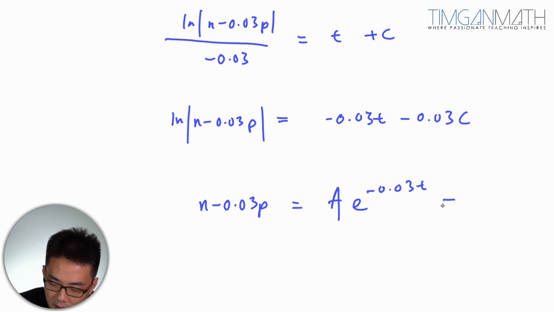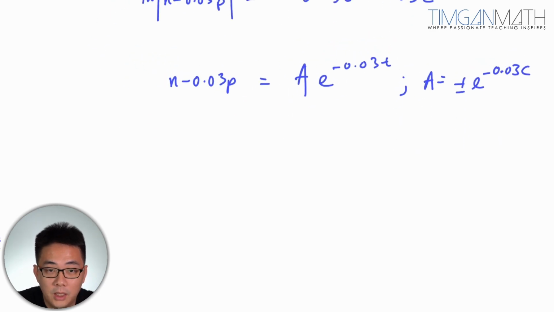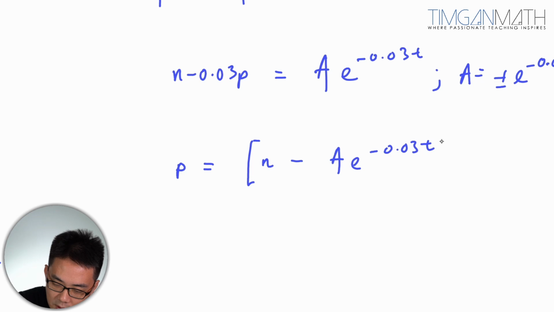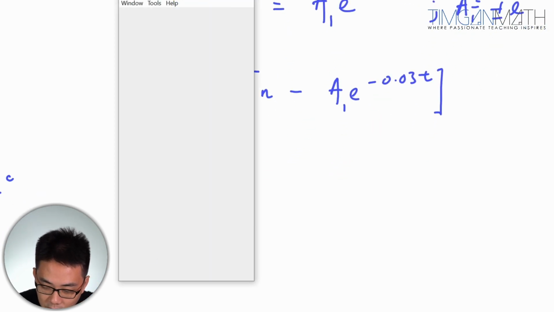The a would just be plus minus e to the negative 0.03c. Okay, that's about it. So in this case, I need P, so it's n minus a e to the negative 0.03t, and maybe this is a1, because I already used a in the first part. And this is P equals 1 over 0.03.